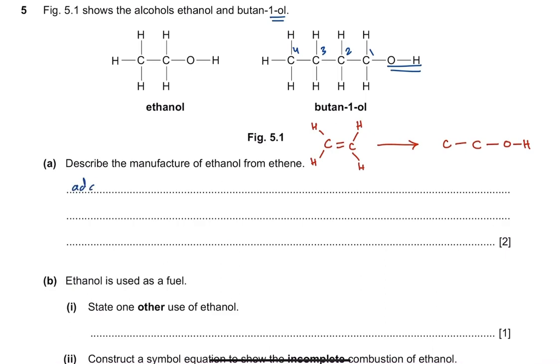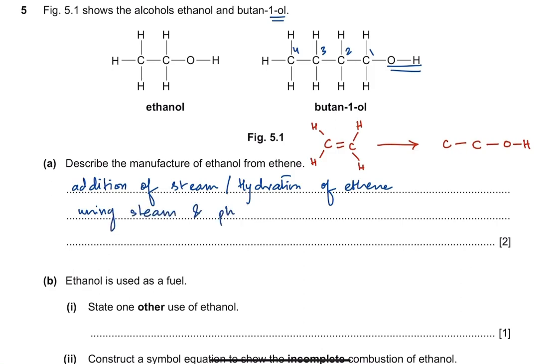So the process should be hydration of ethene using steam and phosphoric acid catalyst at 300 degrees Celsius.